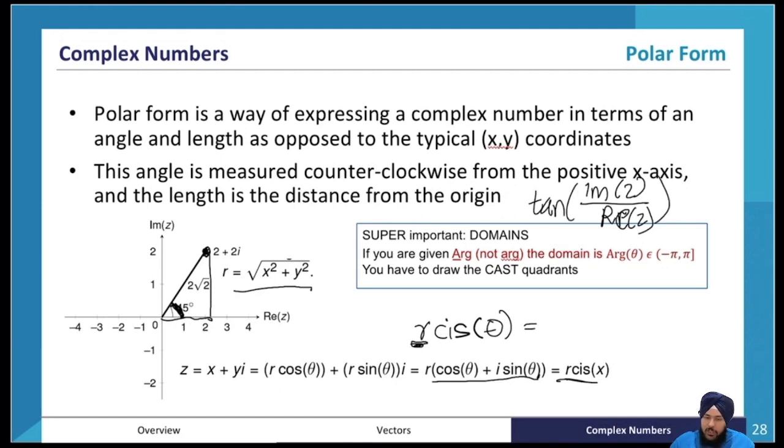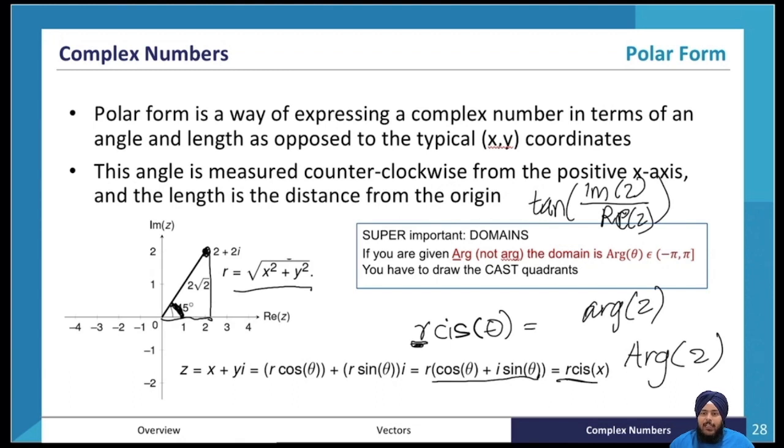But what this will actually find is arg z. We want the argument of z, and I'll show you what the difference is. Arg z is just any angle.